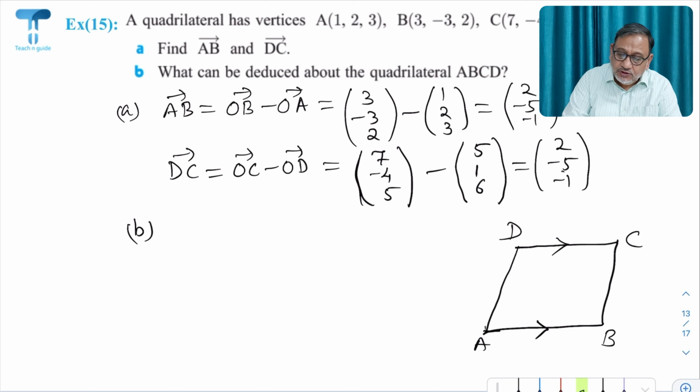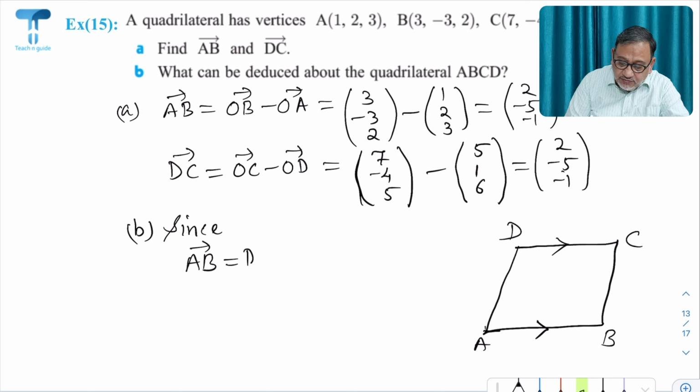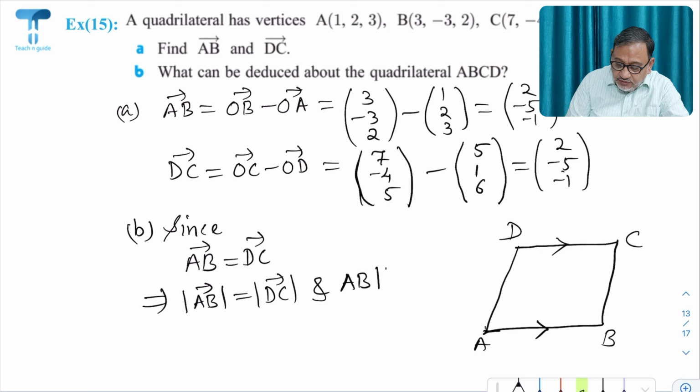Now look here, both the vectors are same. So when vectors are equal, they are parallel to each other, as well as their length is also equal. So since vector AB is equal to vector DC, this implies magnitude of AB is equal to magnitude of DC, and AB is parallel to DC.